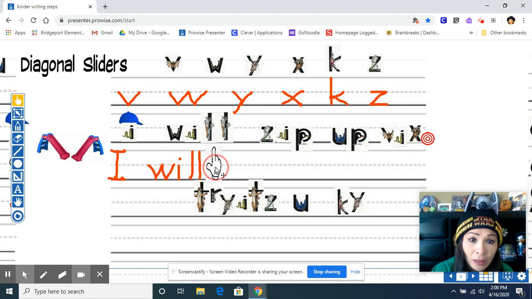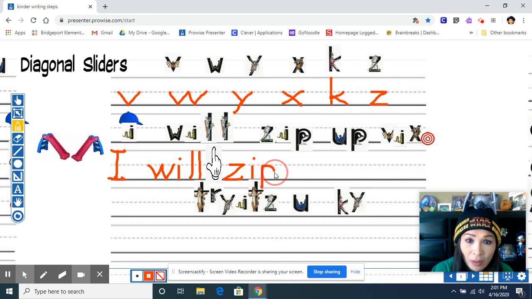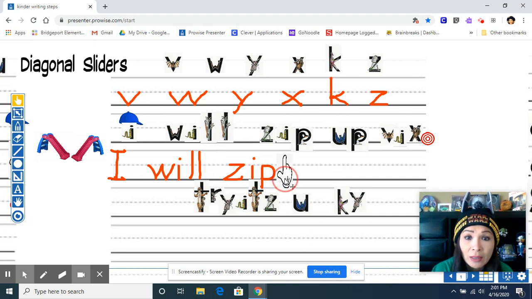What's our next word? Put it at the end. Zip. Z, I, zip. Okay. I will zip. Next, what's the next word? Up. Finger space. Up.